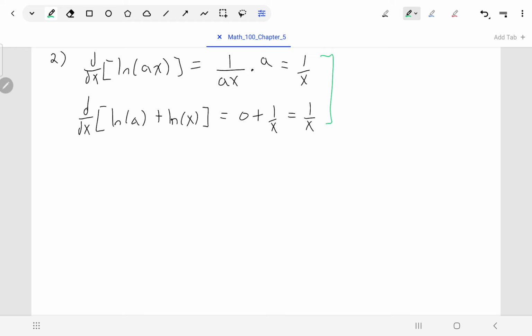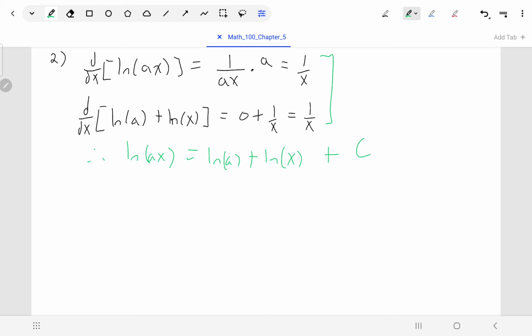So since the antiderivative of 1 over x might be this or might be this, I can say that the natural log of ax is equal to the natural log of a plus the natural log of x plus maybe some mystery constant that's the difference between the two of them.